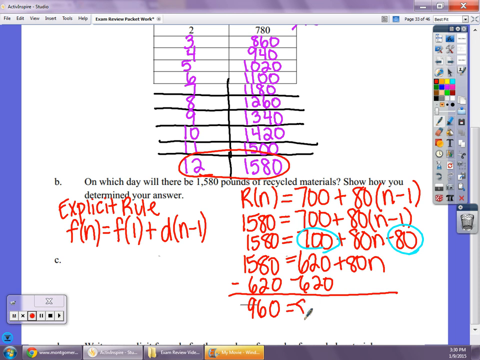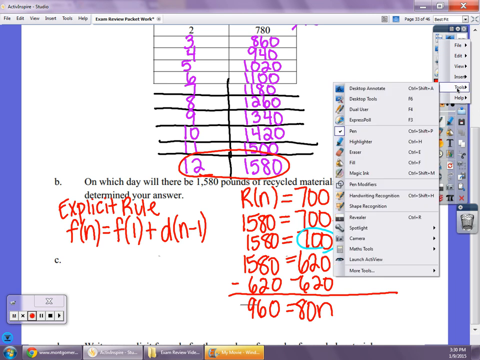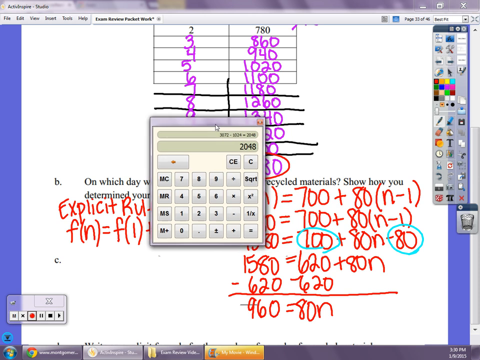Right, and that's going to equal 80n. And when I divide, calculator go. 960 divided by 80 is going to give us 12, which we knew was the answer.